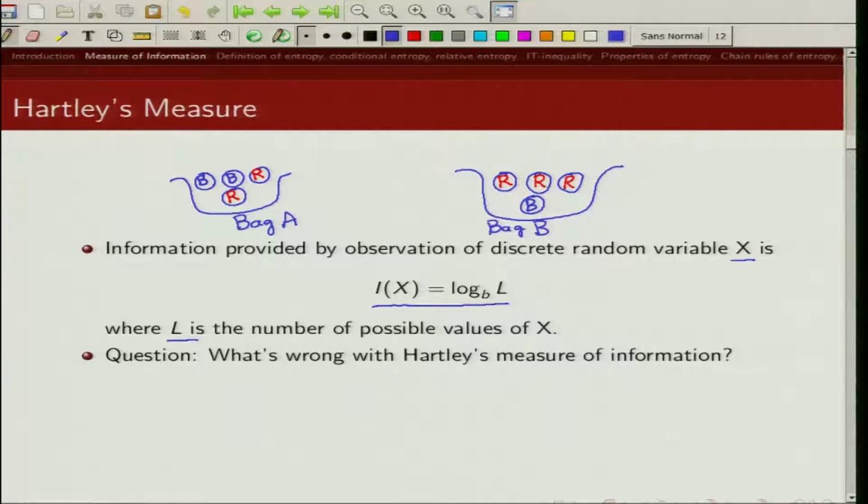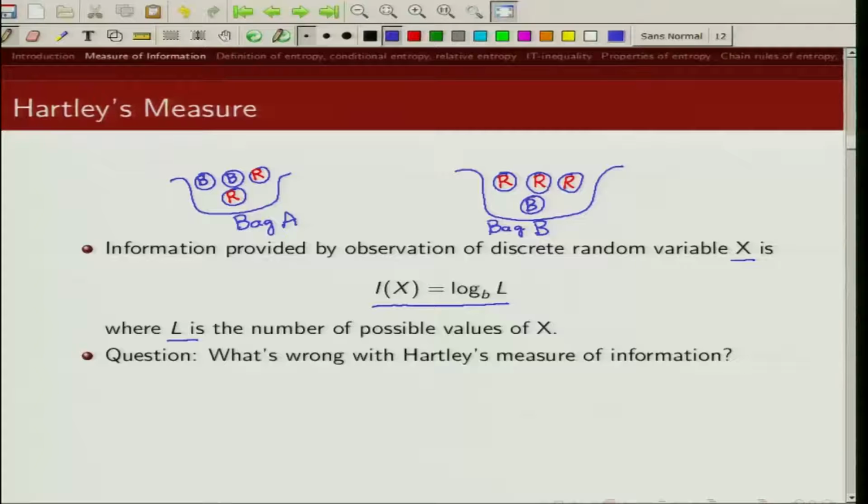Now according to Hartley's measure of information, in bag A there are 2 possible outcomes. So what I am doing is, I have a bag of these balls and I am picking up a ball and I am showing you the color of the ball, right? So according to Hartley, in bag A there are 2 possibilities. You can either get a blue ball or you can get a red ball.